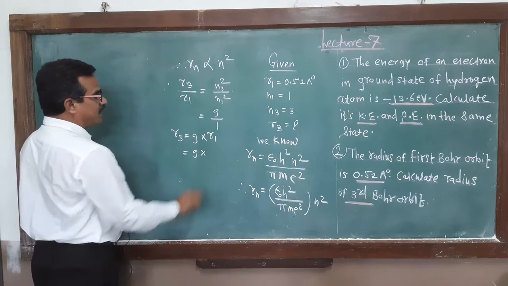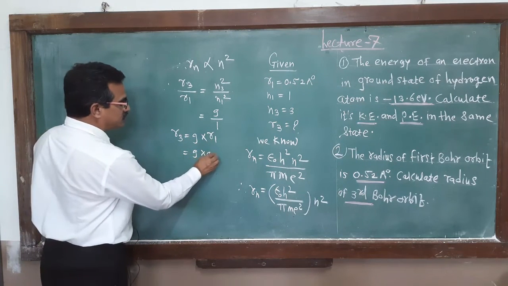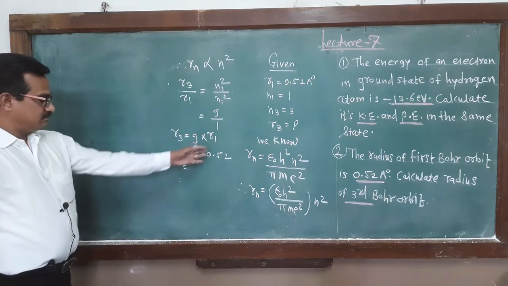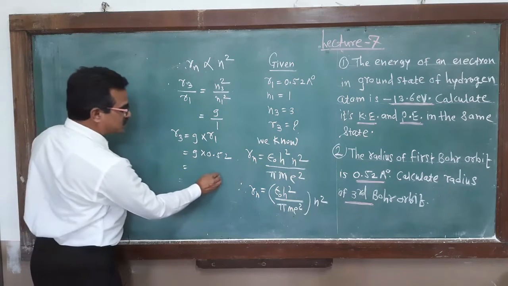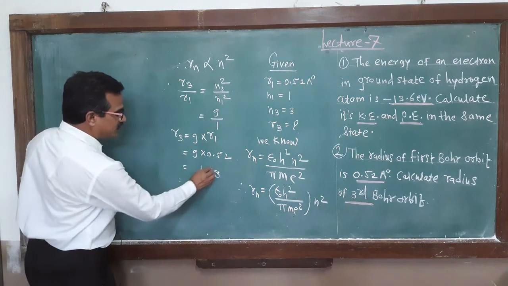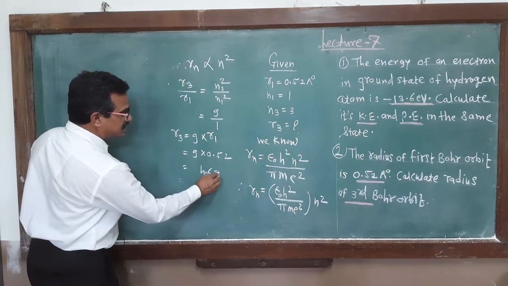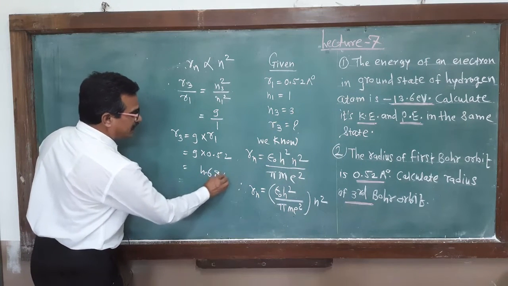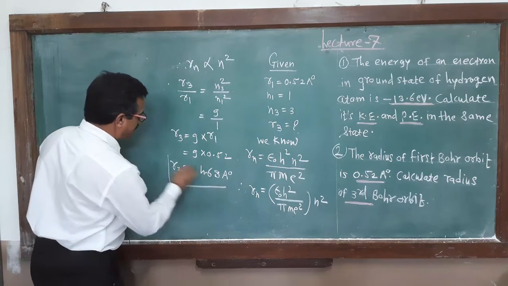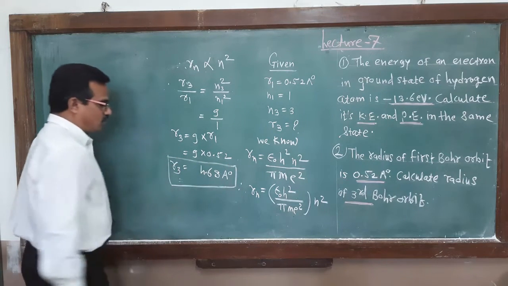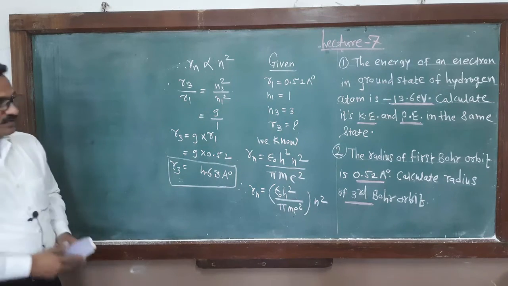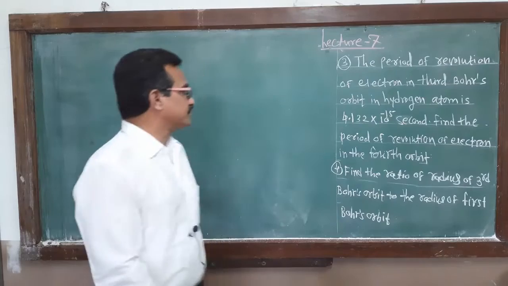What is the value of r1? 0.52. Multiplying 9 by 0.52 gives 4.68 angstrom. This is the radius in the third orbit. Remember this. This is the solution for the second problem.